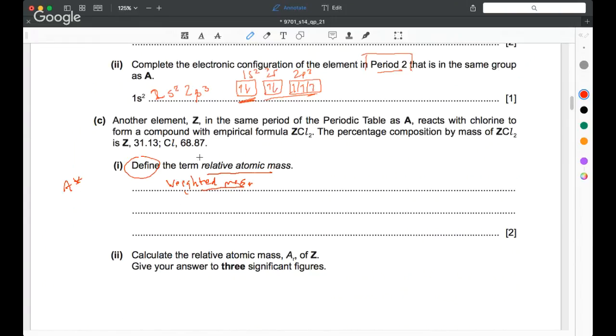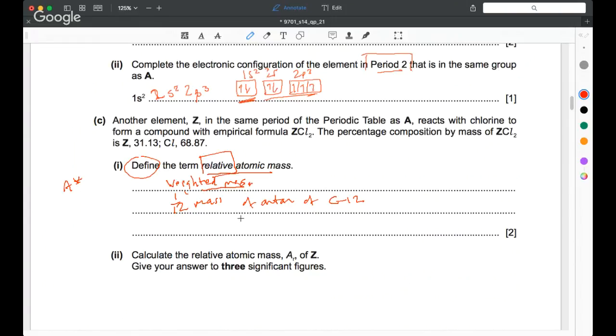And because it's relative, what is it compared to? This is a comparison, something being made relative to something else. So you've got to compare the mass of an atom to something else, and what you're comparing it to is 1/12 of the mass of an atom of a particular isotope of carbon, carbon-12.